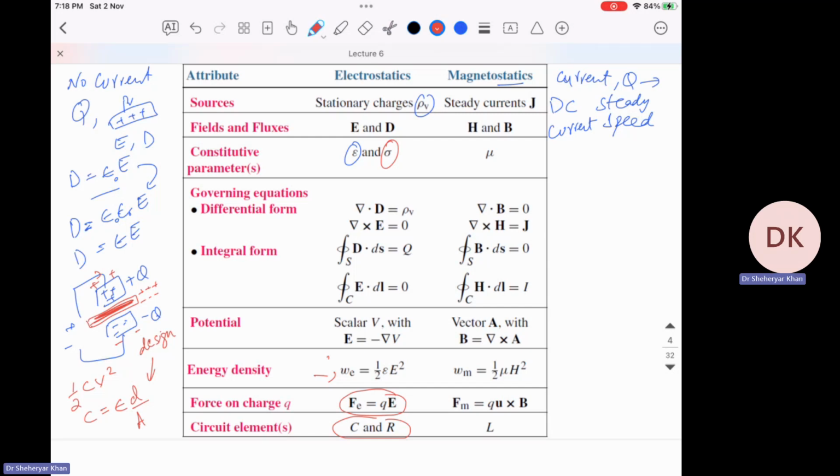Now, we also studied the governing equations, which are very, very important. For example, we learned that del dot D is the charge density, right? That means the divergence of the displacement field will help us to find out how much quantity is converging and diverging, right? So that's actually the amount of charge.